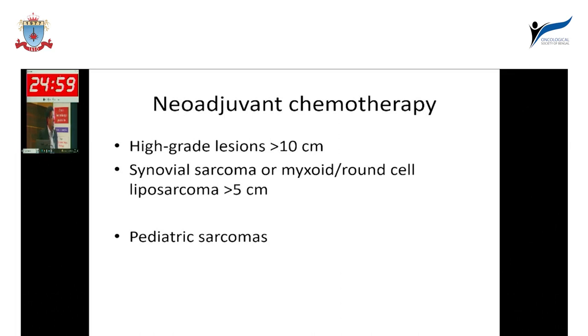As far as RMS is concerned, if the surgery can be done in a non-mutilating way with a negative margin, then only upfront surgery is endorsed. Otherwise, the standard of care is to administer neoadjuvant chemotherapy, based on alkylator, actinomycin, and vincristine. And typically, after 10 to 13 weeks of neoadjuvant, we go for local therapy. As far as NRSTS is concerned, as I mentioned, ifosfamide and doxorubicin remains the standard of care for neoadjuvant for all high-grade NRSTS.